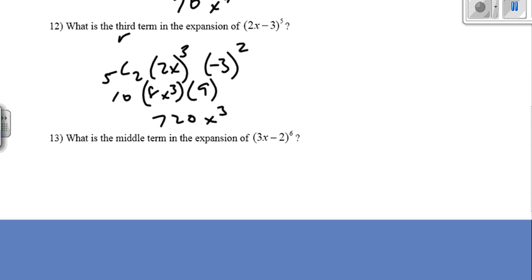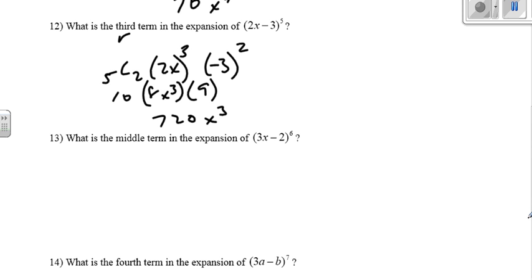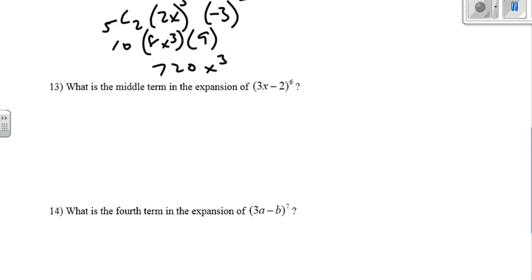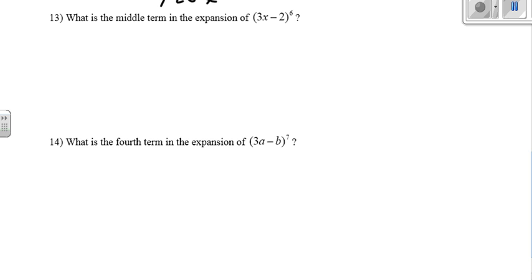Alright, let's move on. Let's go into something a little bit harder. The middle term. Let's go to 13. Now the middle term, since this is a 6, we know we have 7 terms. 1, 2, 3, 4, 5, 6, 7. So we're looking for the fourth term. In this case, the middle term really means the fourth term.